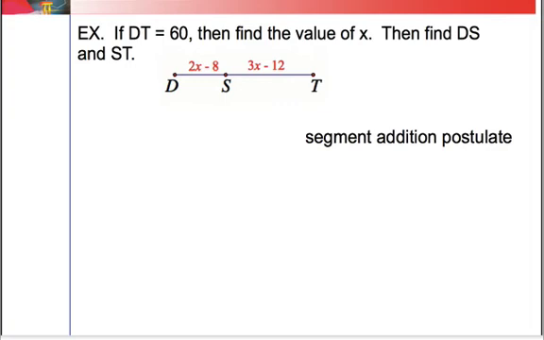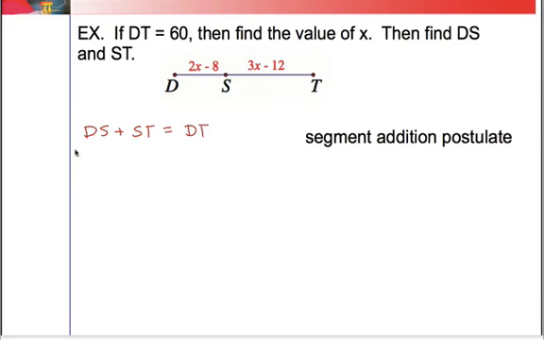Okay, so let's look at this last example. If the length of DT is equal to 60, and they didn't give you units this time, then find the value of X. Then find the length of DS and the length of ST. So starting with the segment addition postulate, we know that DS plus ST would equal DT in this problem.